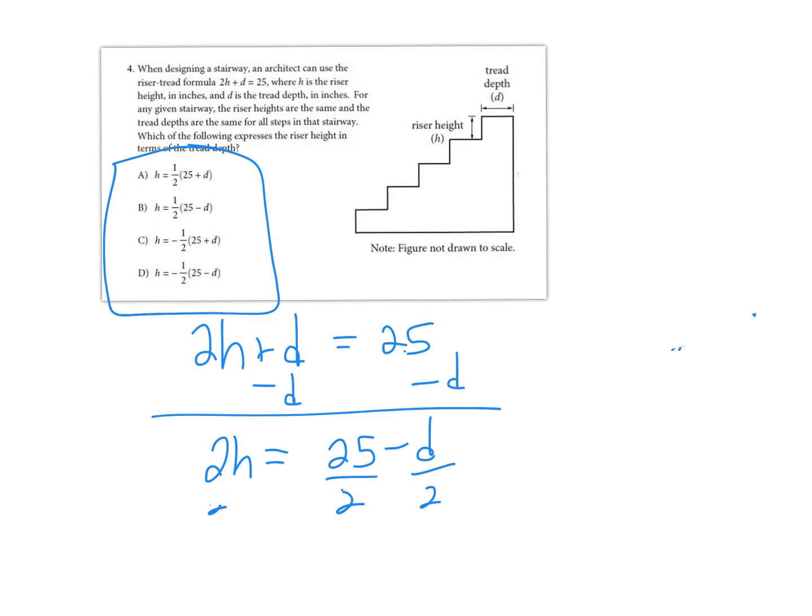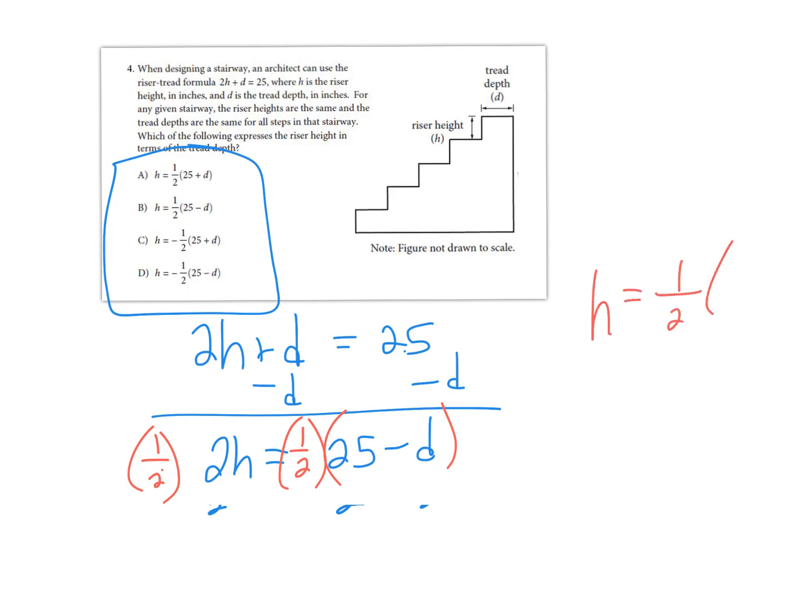So instead of dividing by 2, they thought they'd get tricky with you and say, okay, instead what we're going to do is we're going to times both sides by a half. So h is equal to 1/2 of 25 minus d.